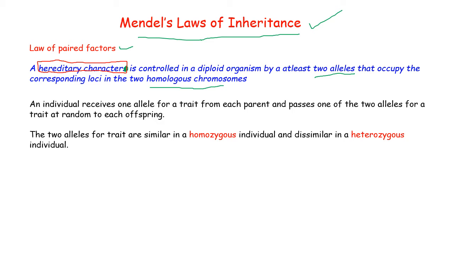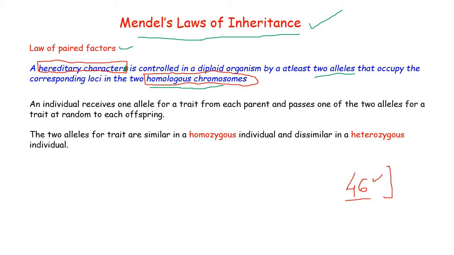Second is homologous chromosomes. What are homologous chromosomes? For example, we have 46 chromosomes. Out of these 46 chromosomes, 23 we receive from the mother and 23 we receive from the father.